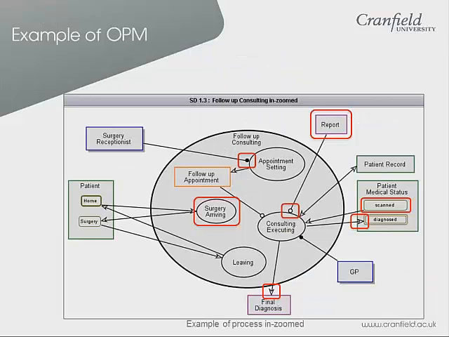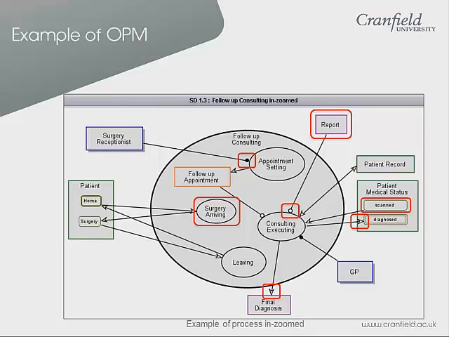So here you can see an OPM figure just representing our case. So we're looking at the patient, we're looking at the consultant, so the radiologist, and the patient is moving to the radiologist to understand whether they need a follow-up appointment, and the surgery receptionist is involved with setting the appointment.